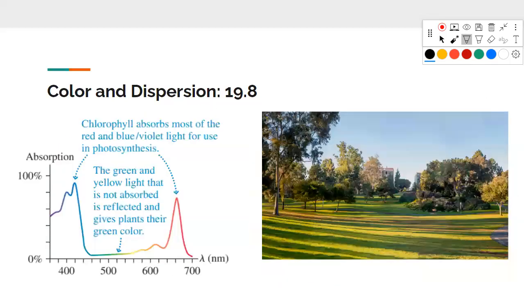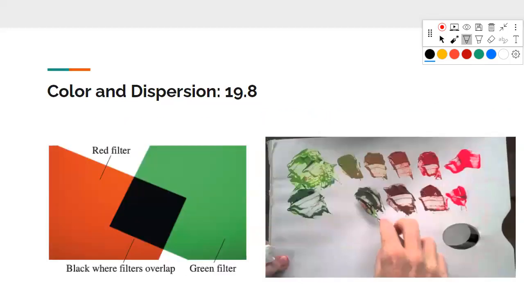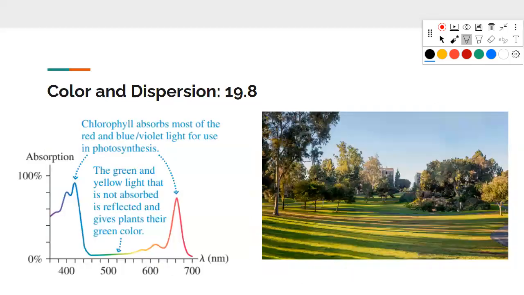Okay. And then, speaking of color filters like these red and green filters, the atmosphere has some filtering ability. It mostly lets through visible light, but it filters out other wavelengths, so infrared, ultraviolet, all those things. And you can see that for plants, they turn this visible light into energy, right, via photosynthesis.